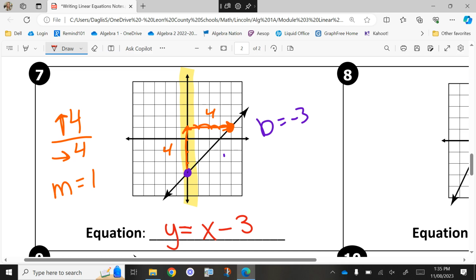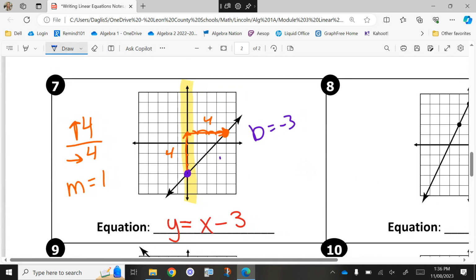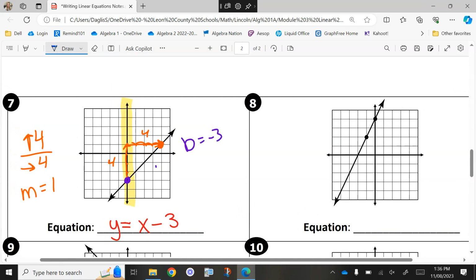All right. Let's go to number 8. My intercept is at +4. 1, 2, 3. I agree. So our b is 4. What was my slope? Okay, how did you get 2?